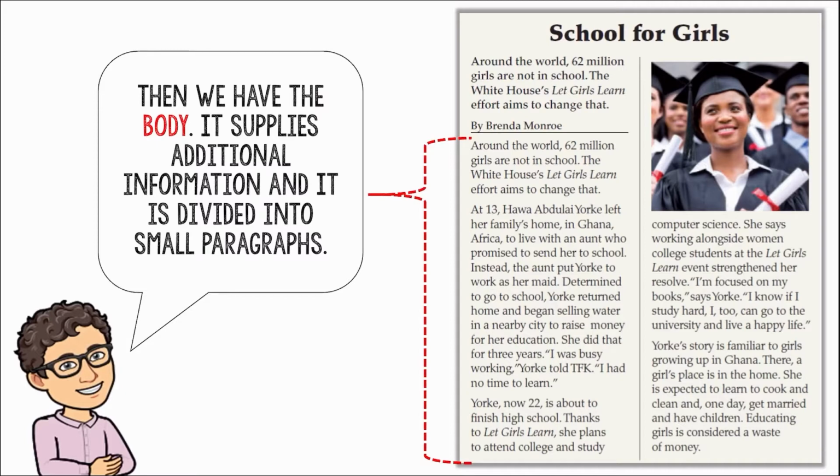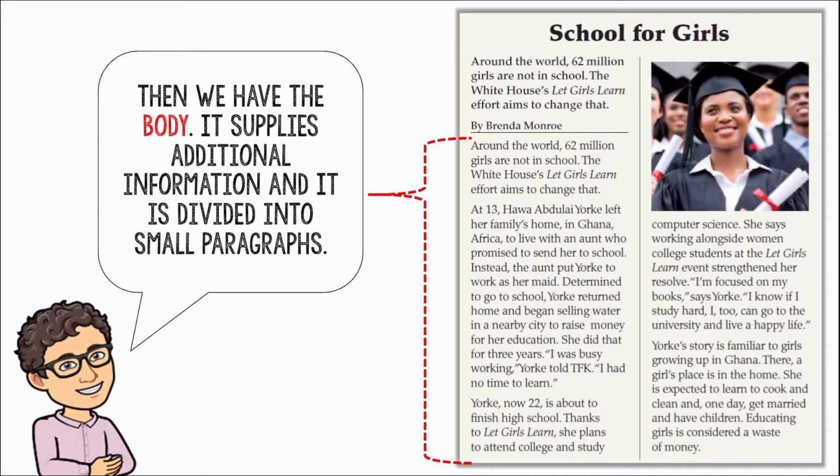At 13, Hawa Abdullahi Yorki left her family's home in Ghana, Africa, to live with an aunt who promised to send her to school. Instead, the aunt put Yorkie to work as her maid. Determined to go to school, Yorkie returned home and began selling water in a nearby city to raise money for her education. She did that for 3 years.